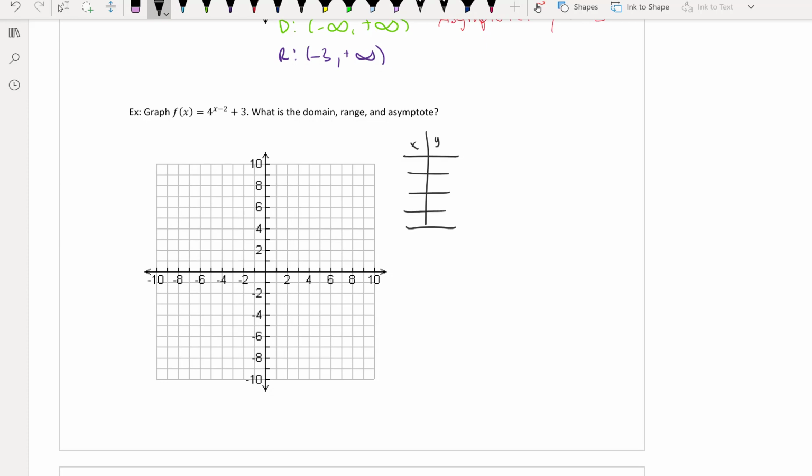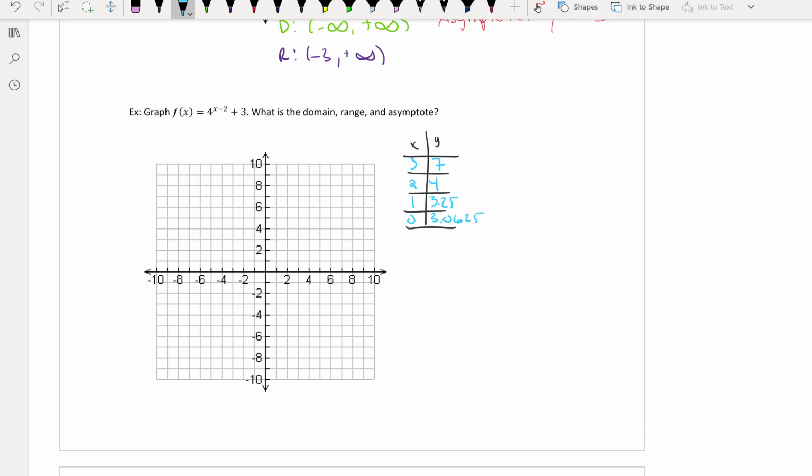Okay, so I have found some values that I can use here. And remember, you just use as many as you need in order to make your case. So it looks like I have 3 and 7. I also have 2 and 4. I have 1 and 3.25. I have 0 and 3.0625.